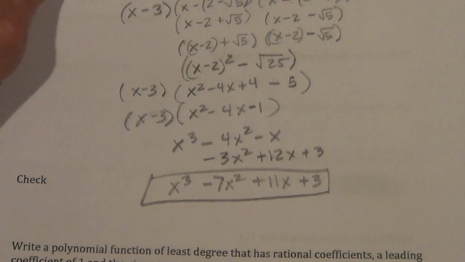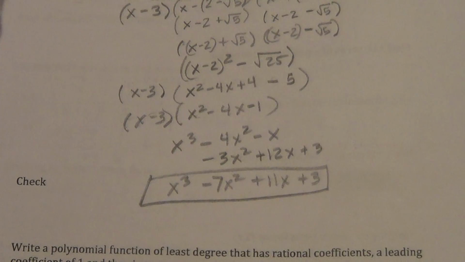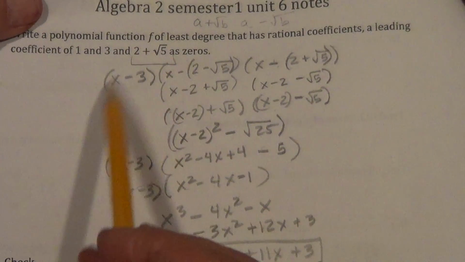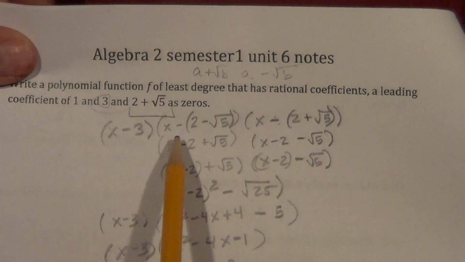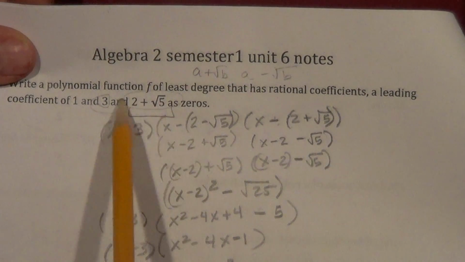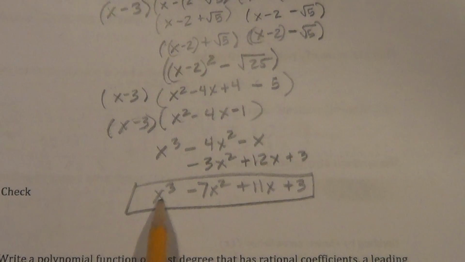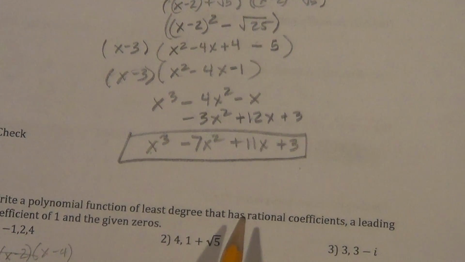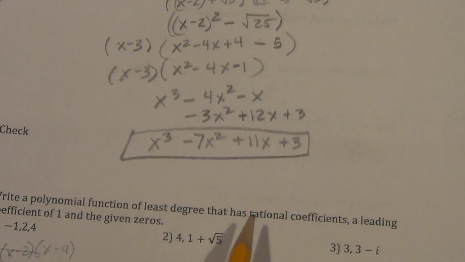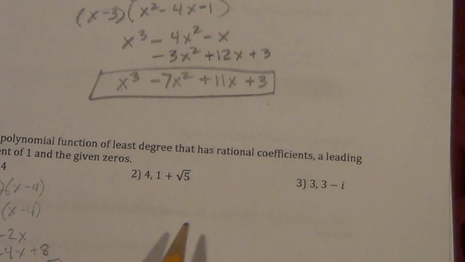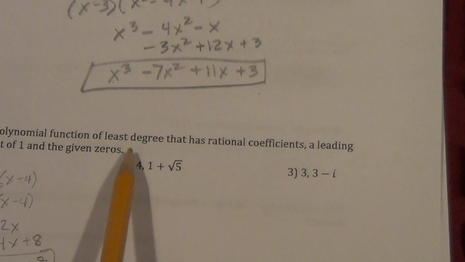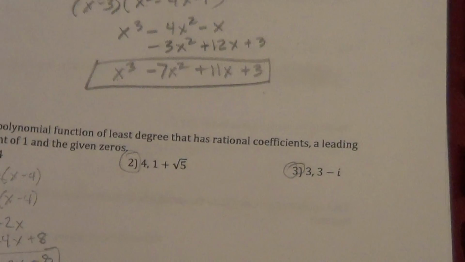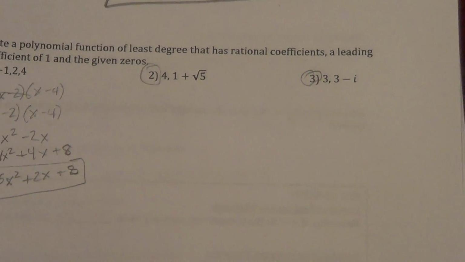Now to check this, I'll show you in class how you would check it, but you basically plug in your zeros, the 3 and the 2 plus radical 5, for the x values and solve it, and you will end up with it equaling 0. So for class, I want you to go ahead and try number 2 and number 3, and then make sure and get my help on those.